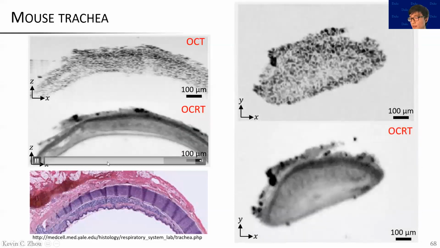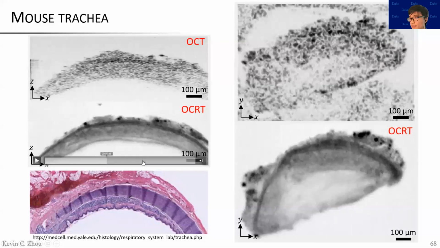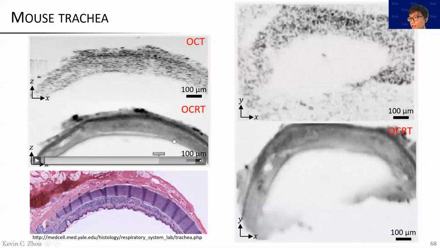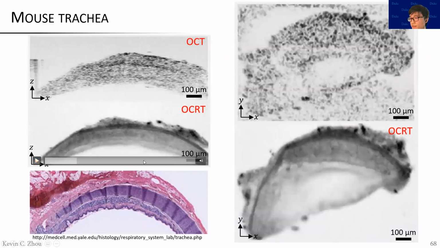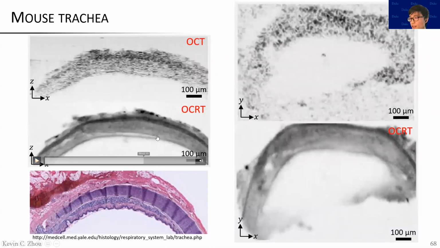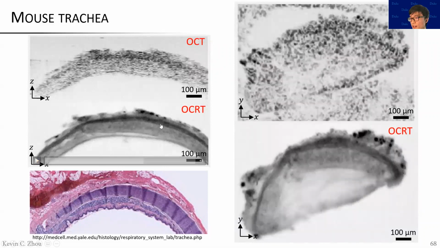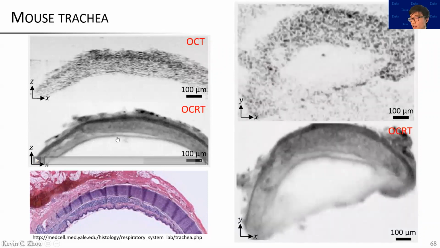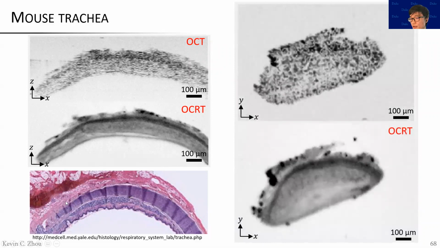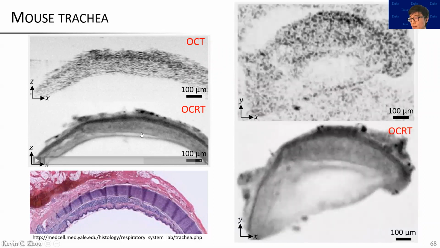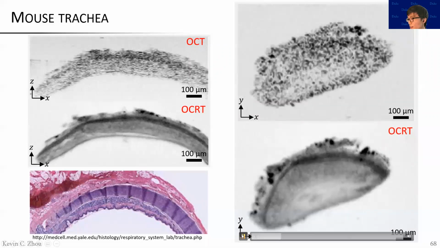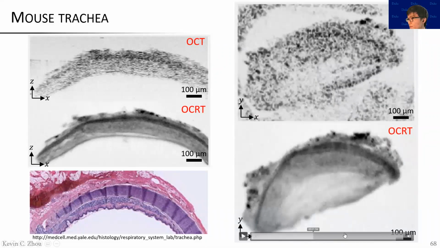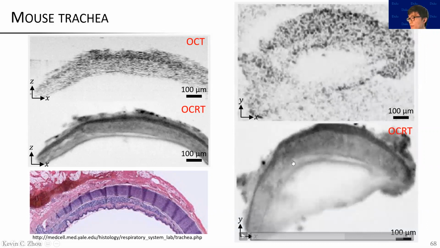So for example, if we pause this video around here, we can see this cartilage plate that matches closely with what we see here, as well as the epithelium on the bottom. And likewise here as well, we can see the cartilage plates and the epithelium.